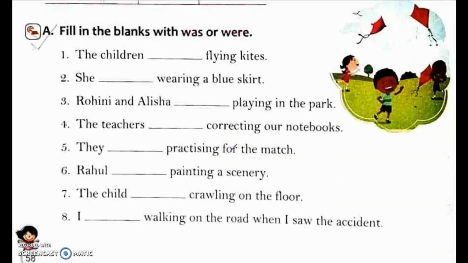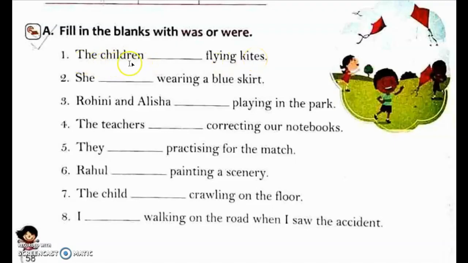Now let us move to exercise A. Fill in the blanks with was or were. So here in this exercise, we have to read the sentences. We have to understand whether we have to use was or were depending on the sentence. The children dash flying kites.